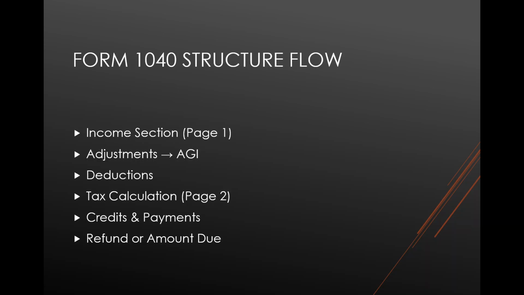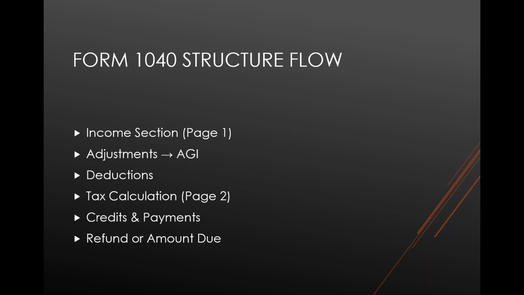So friends, now we will discuss the Form 1040 structure. How does the structure flow? There is an income section on page one, in which various income is to be written, like Form W-2 for salary, and there are various schedules.